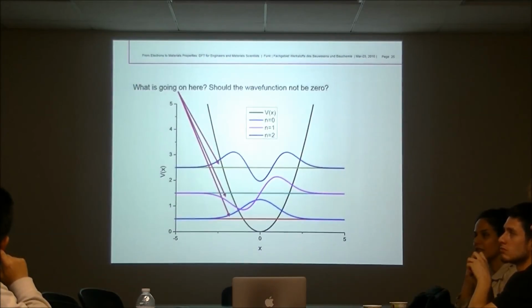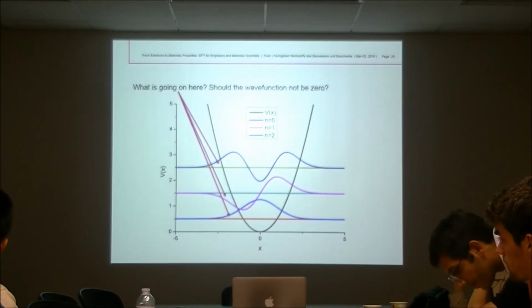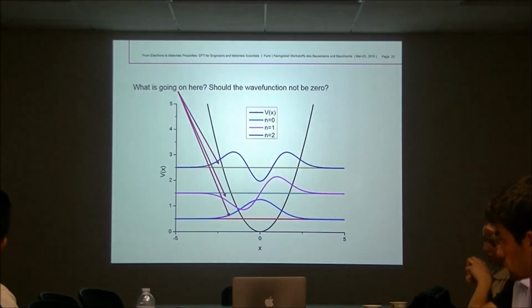Let's just look at this. We can measure two observables in quantum mechanics if their commutator is 0. So what is a commutator?